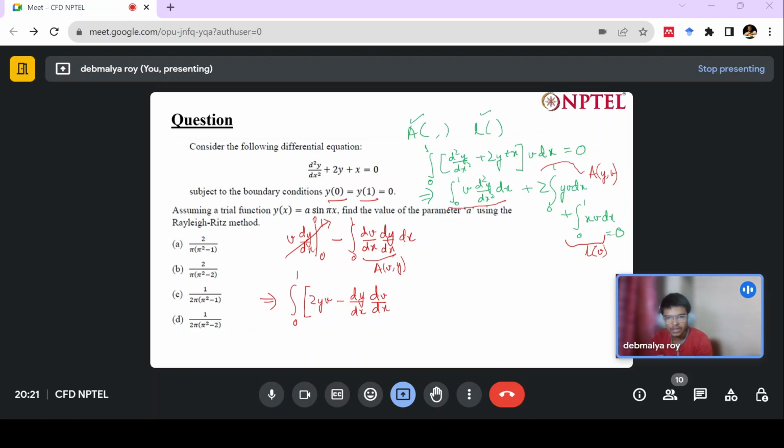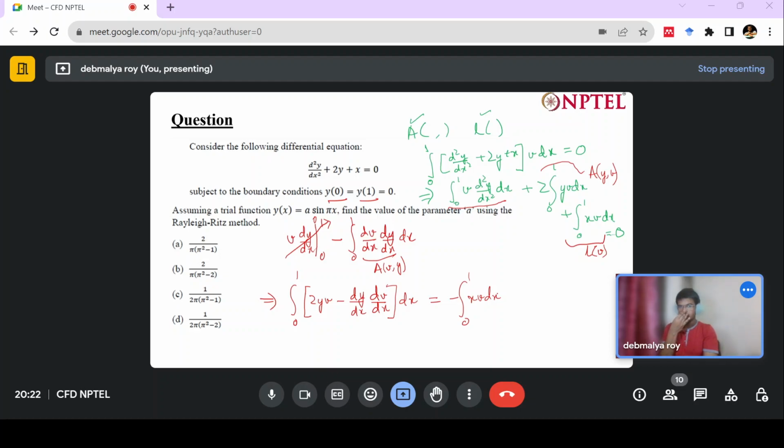The yv term is there and the dy dx and dv dx term is there. Both are symmetric, positive definite, bilinear. Every property it satisfies. So this term and minus 0 to 1 x.